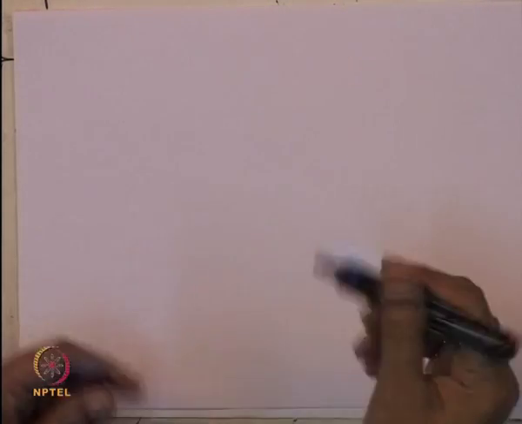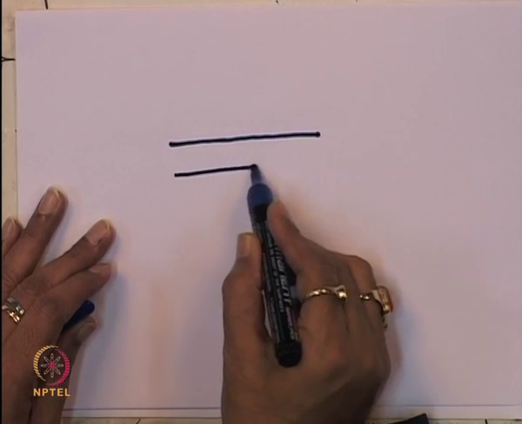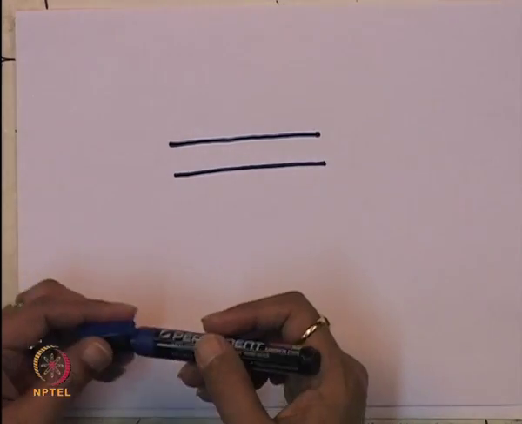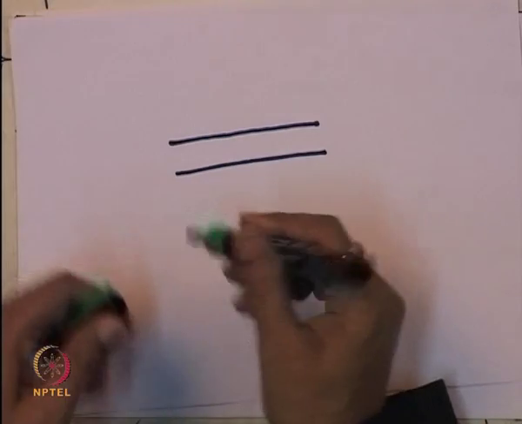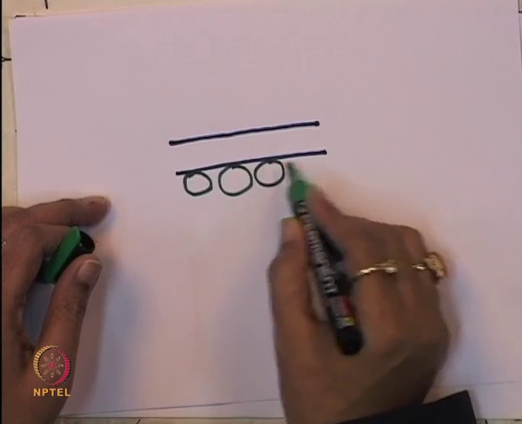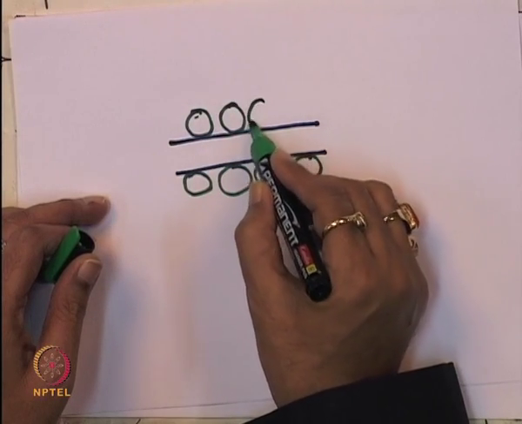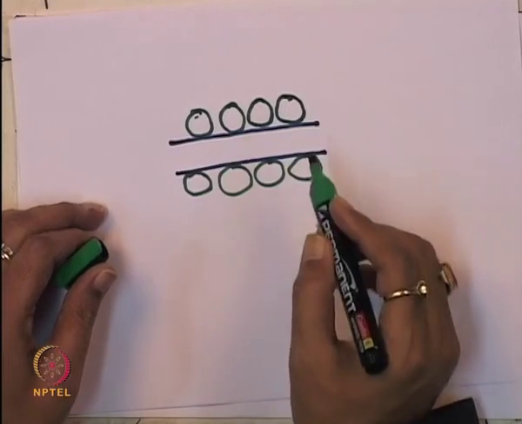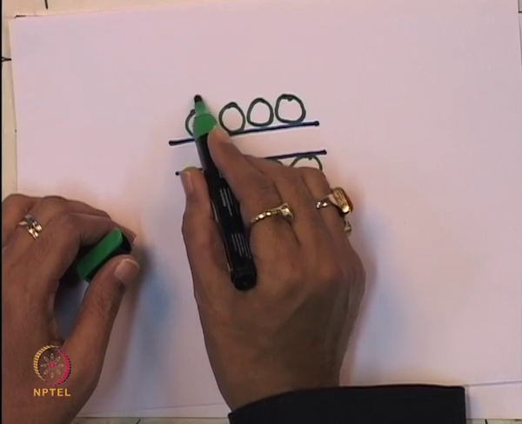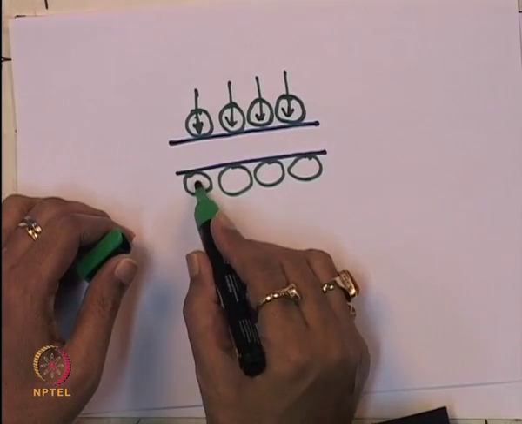So let us consider the metallic plate like this, and soil is at the top and the bottom, and the normal pressure is acting, and this is the normal pressure.